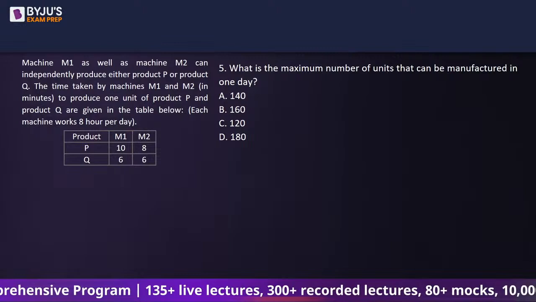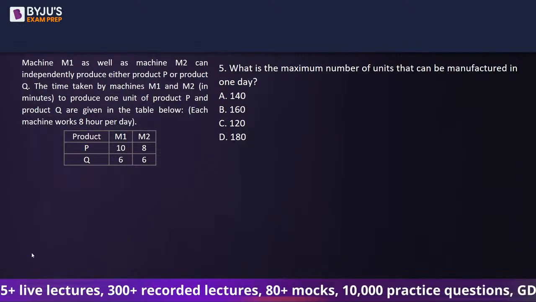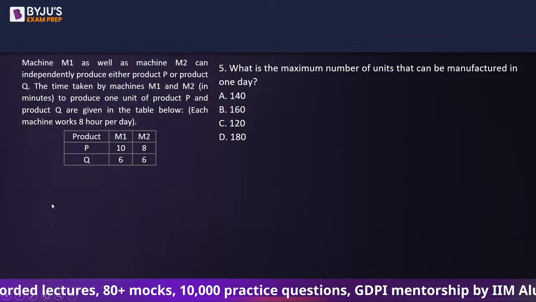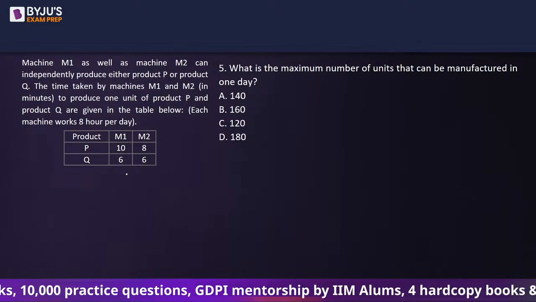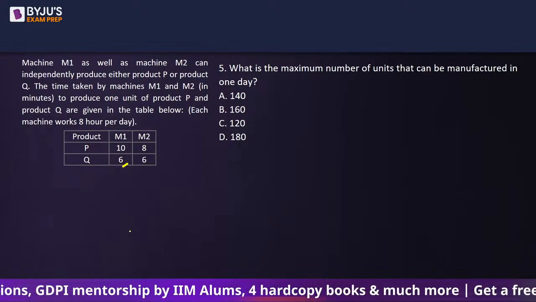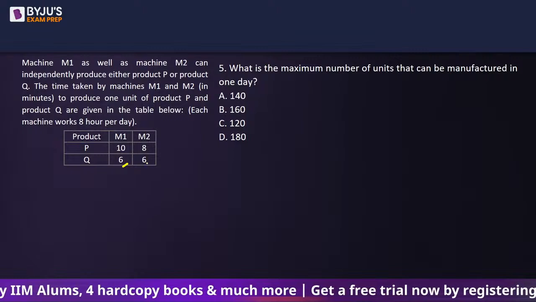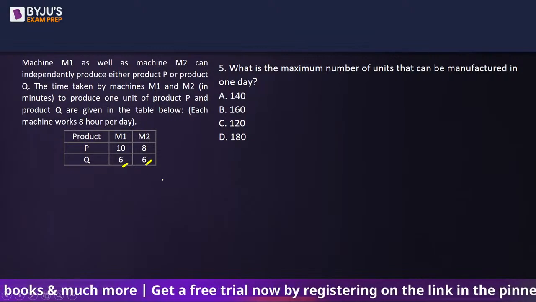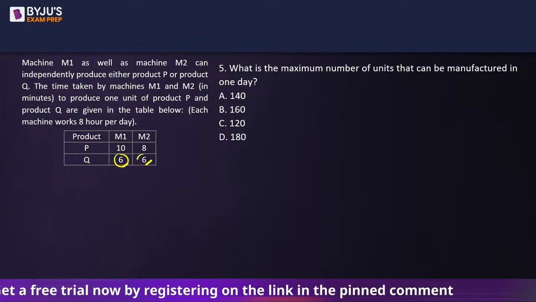Okay, so if you look at the duration which the machines take to produce units, the lowest is going to be 6 minutes. So in 6 minutes they produce 1. So this is the lowest duration.